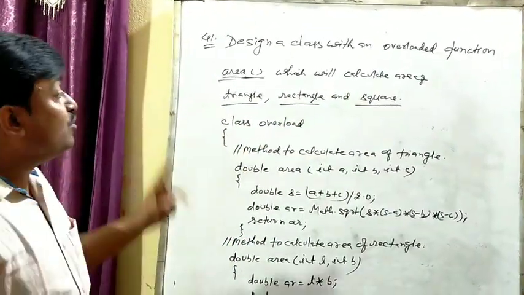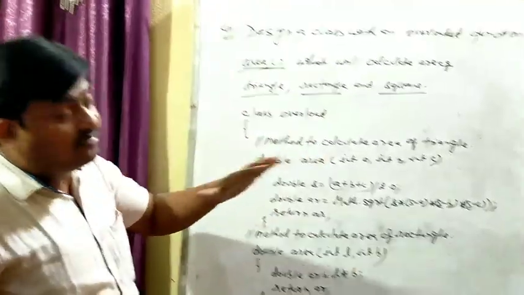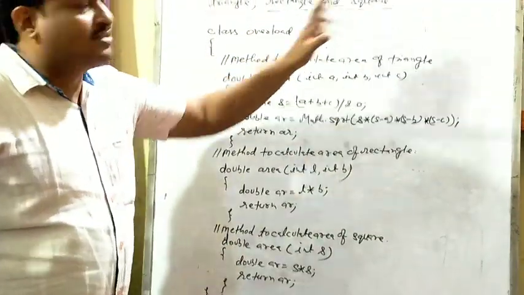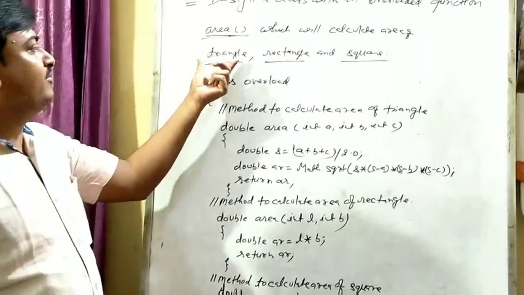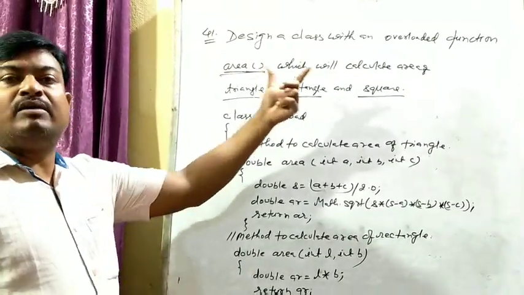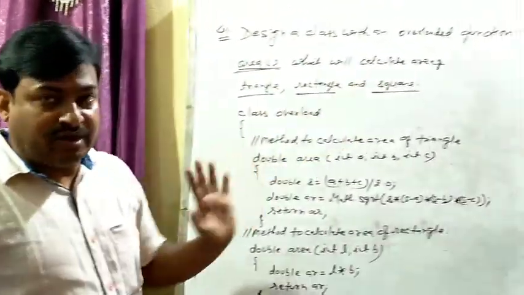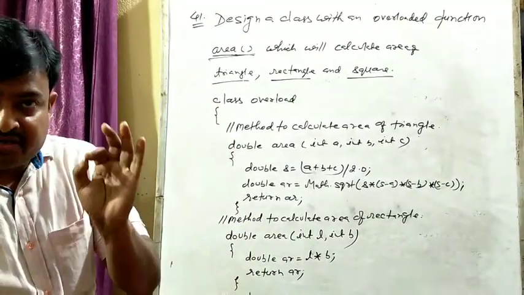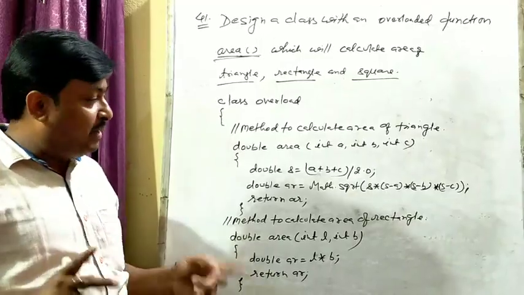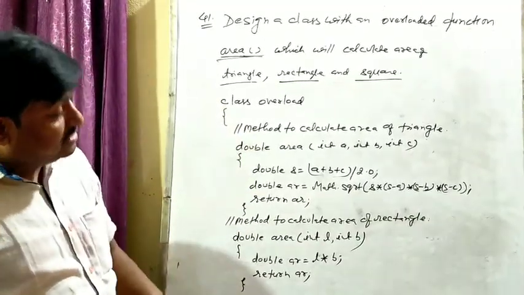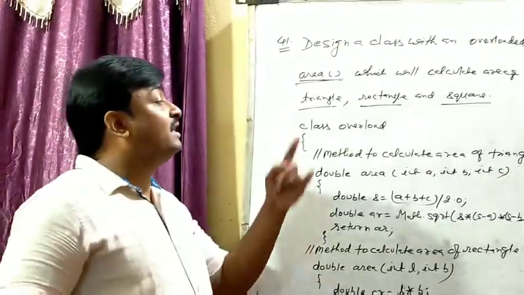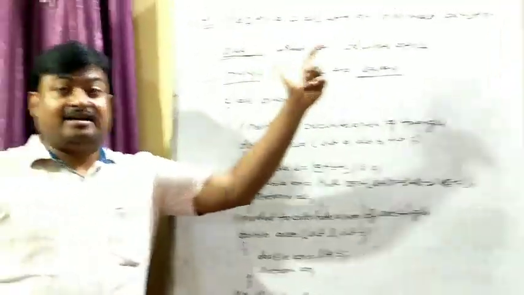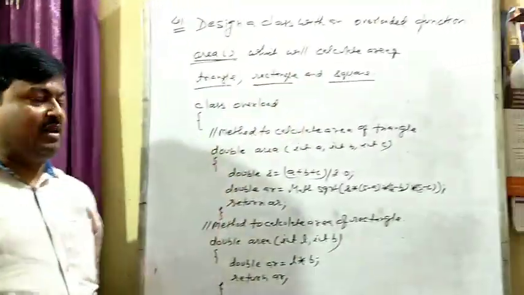How is it possible? We will create three different functions for three different figures: one for triangle, one for rectangle and one for square. All three functions have the same function name, area, but they will calculate the area of three different figures: triangle, rectangle and square.